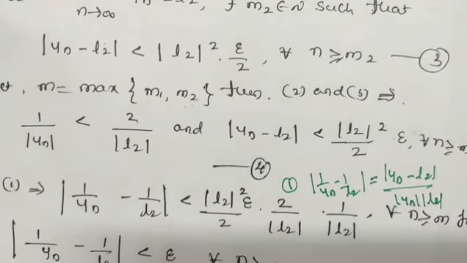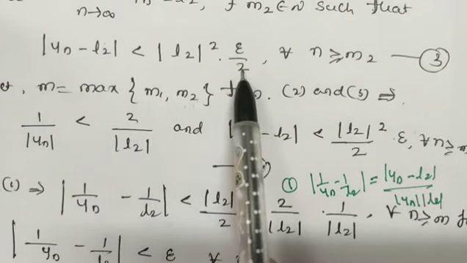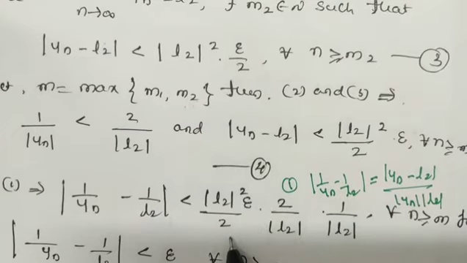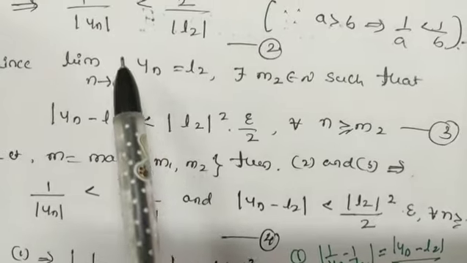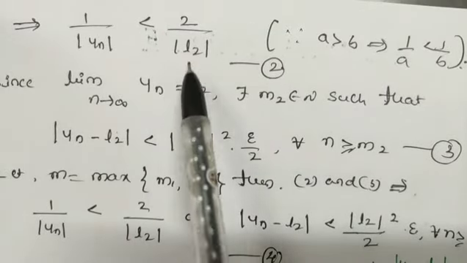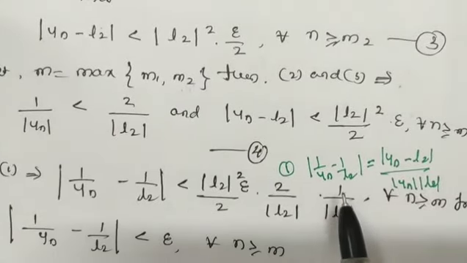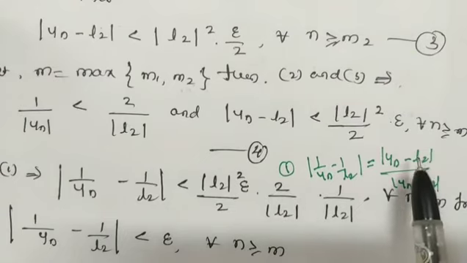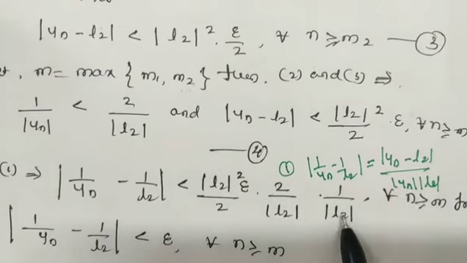So how do we substitute these values? Here we have mod yn minus L2 less than mod L2 square divided by 2 into epsilon by 2. And for 1 by mod yn, we have 1 by mod yn is less than 2 by mod L2. You have to write 2 by mod L2, and this 1 by mod L2 as it is.